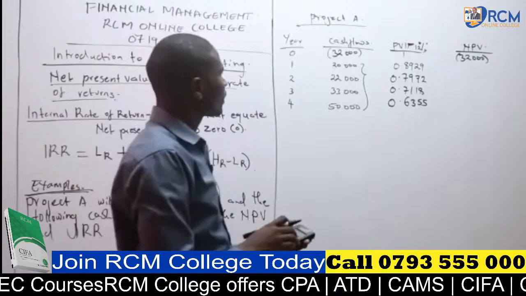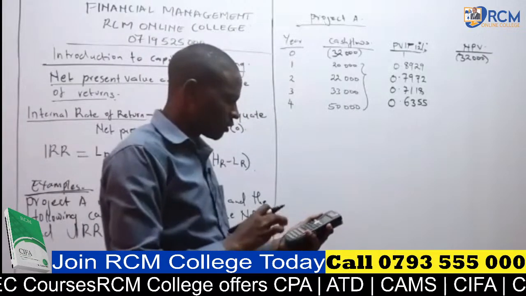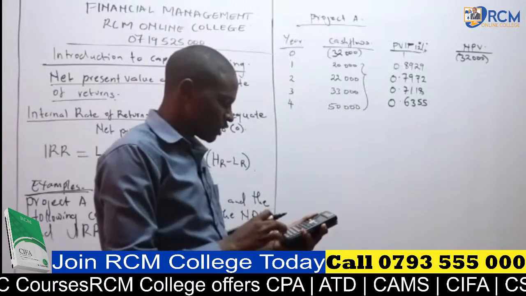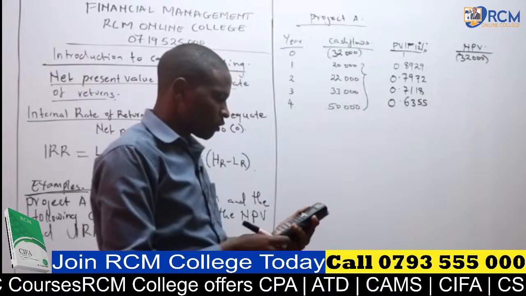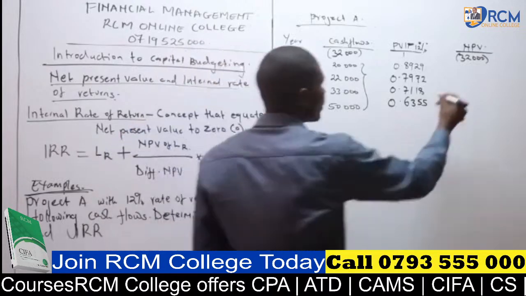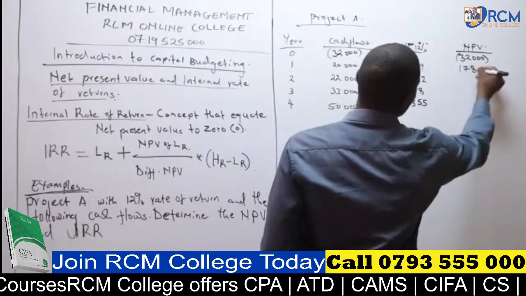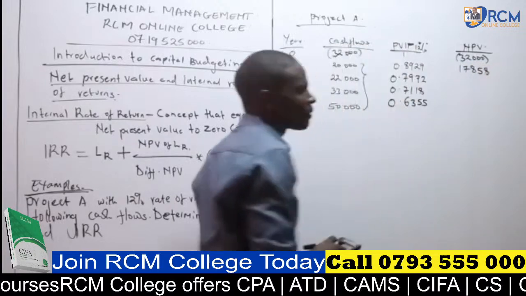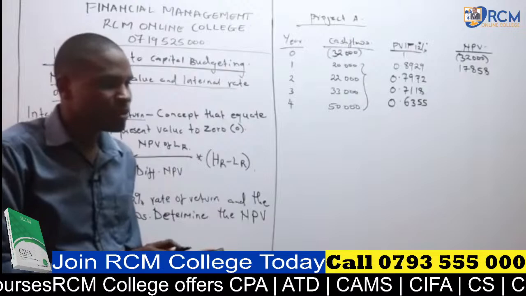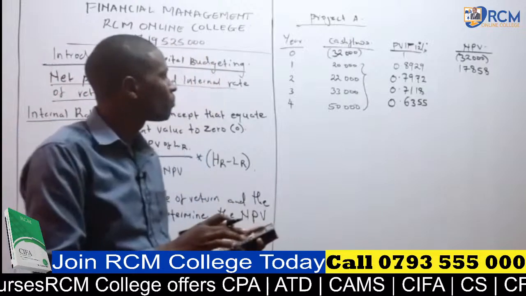Then I look at my 20,000 times 0.8929. I hope we are together. 17,858. That is my present value for year 1. Who can give me the present value for year 2 as we compute together?